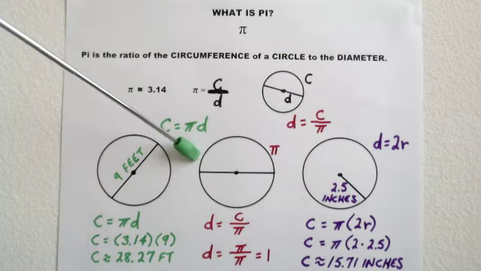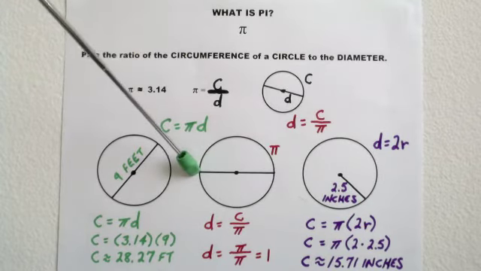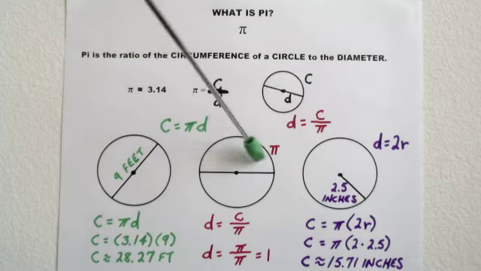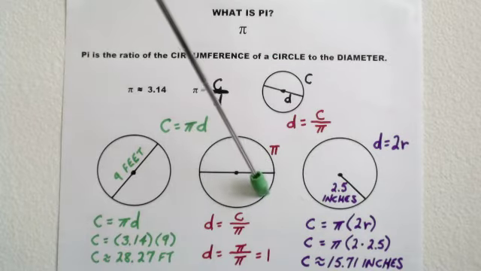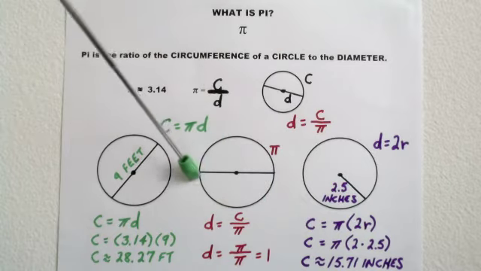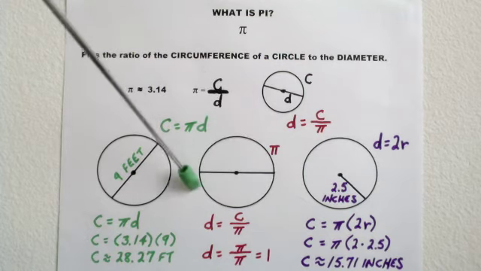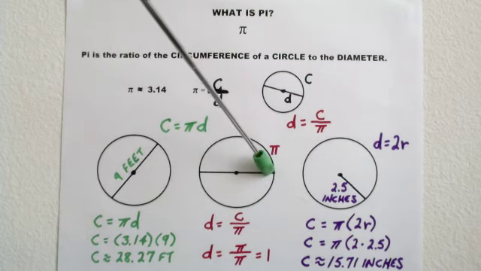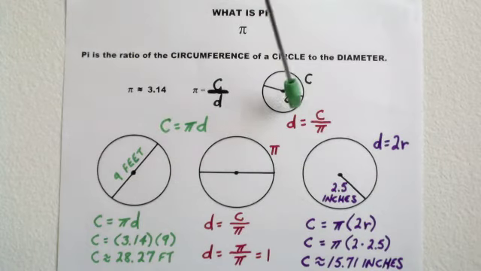Let's look at the next example. I have a line going through the center, but no label on it, so I don't know how long this line is. But sitting outside this circle is pi. So the distance around this circle is pi. So what I need to find out is diameter. I'm going to use this equation.